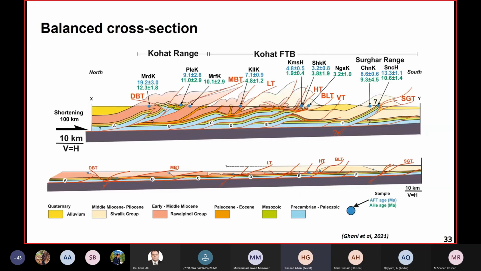So when you see these kinds of structures, you have to understand the structural evolution model for them, how we can simulate how this deformation has propagated.